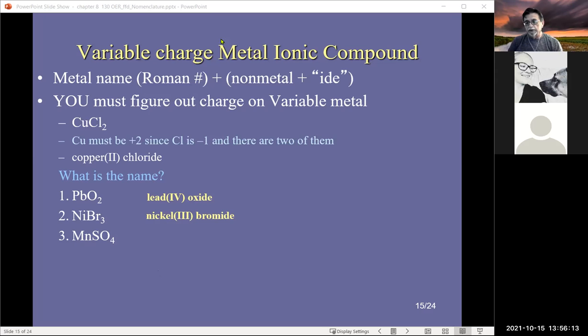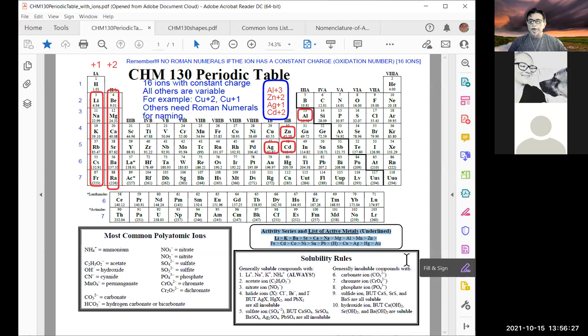Because remember, when you look at these formulas, look at the metals first and ask yourself, okay, are these part of that 16? The ones that I circled here in red, because those are the ones that have a constant oxidation number charge all the time, 100%. That implies that all the other metals here vary.